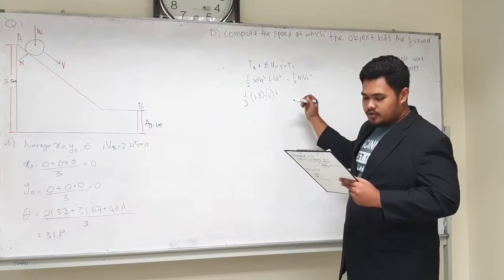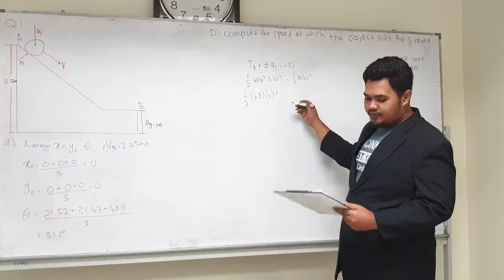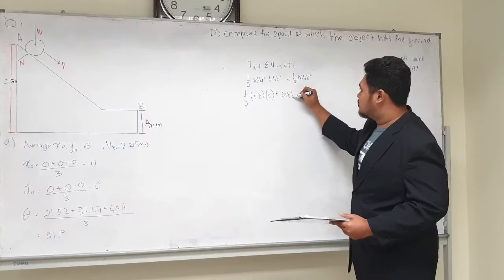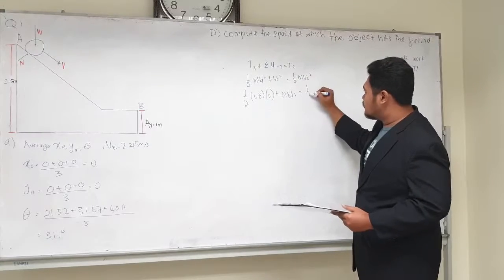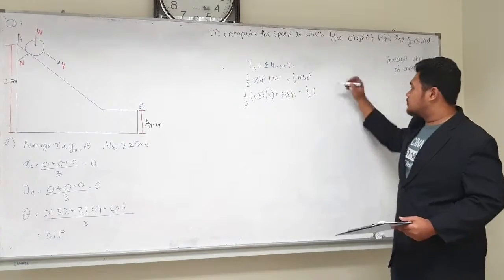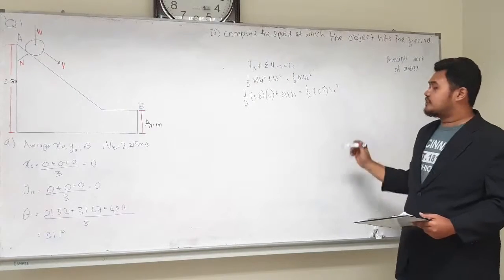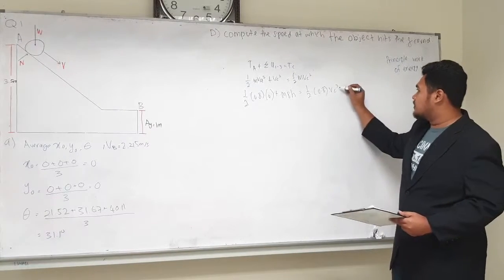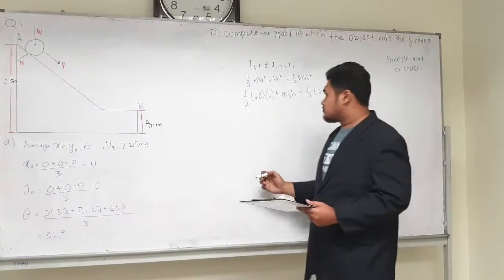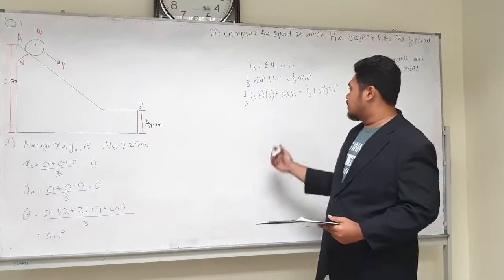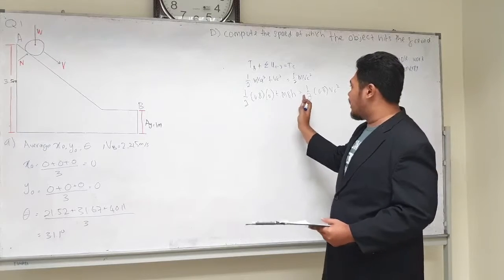Plus mgh, equals 1 over 2 times the mass, which is the same, 0.8, VC squared. VC squared is an unknown, so we can derive it. From the front, this will equal 0, so we just solve for the mgh.